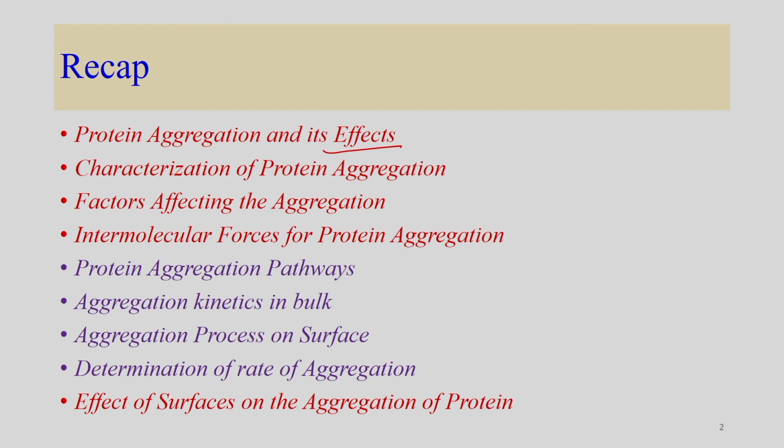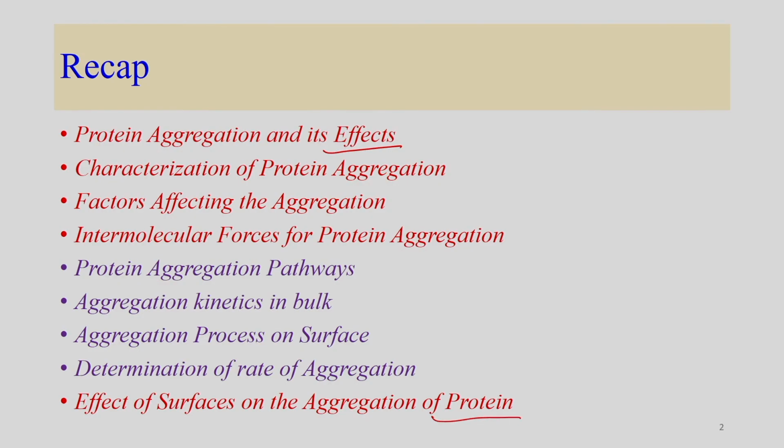In the presence of a surface we saw how its adsorption varies, then from conformational changes to formation of multilayer adsorption or nuclei, then to the formation of the aggregates. We discussed this in terms of ThT fluorescence intensity, in terms of adsorbed mass, and we discussed change in the secondary structure.